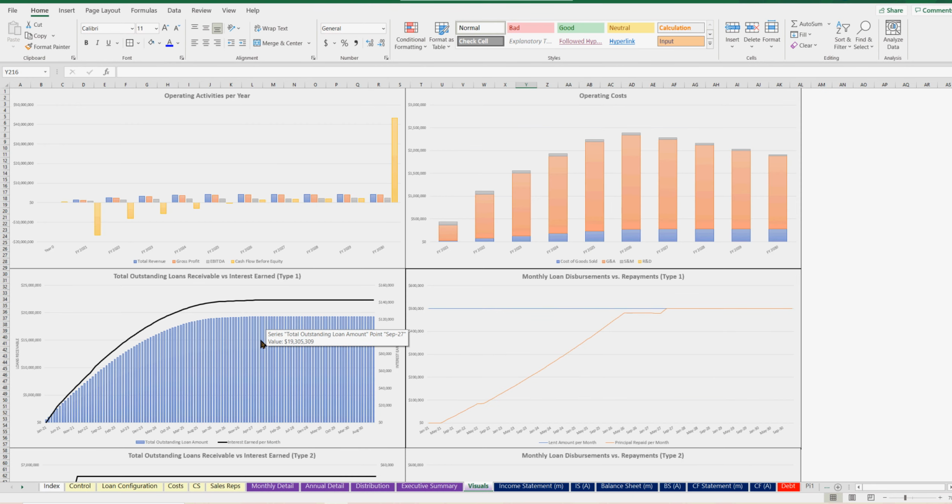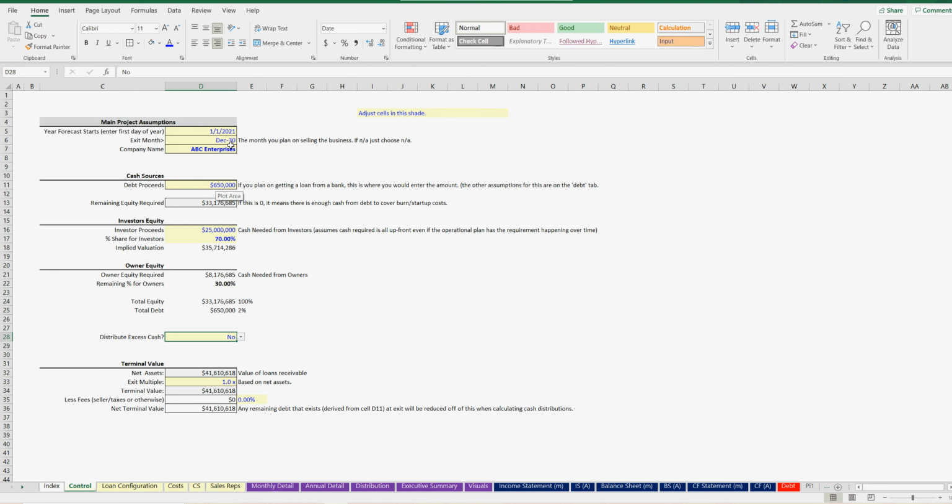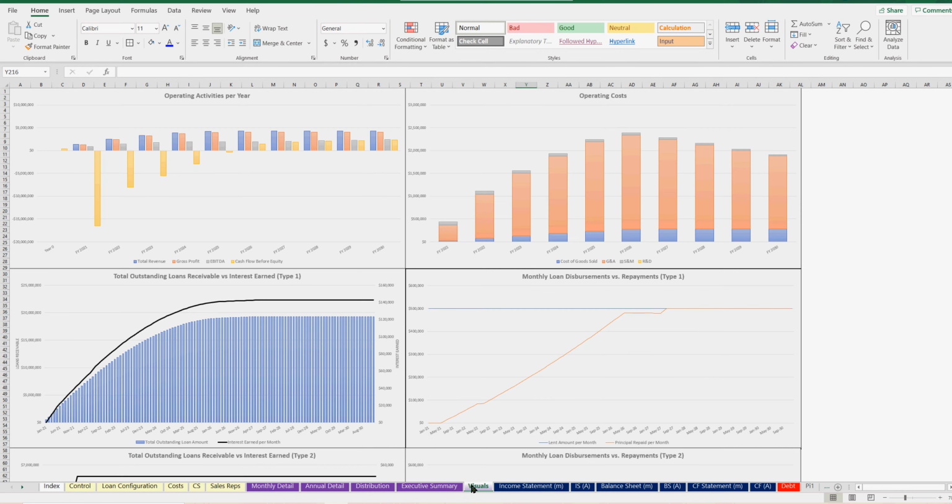A lot of cool visuals. And I'm actually going to put an NA on the exit for this just so you can see. So in this case, we've got operating activities, so revenue, gross profit, EBITDA, cash flow before equity, and so you can see this accumulation of negative cash flow is our equity requirement, but you can see how we're slowly getting into positive territory as more principal is being collected against what's being lent out.